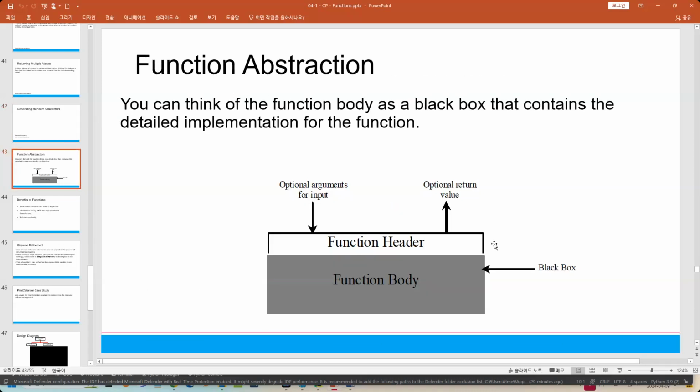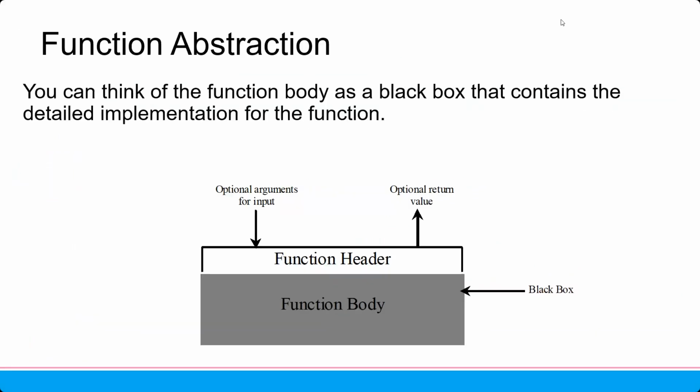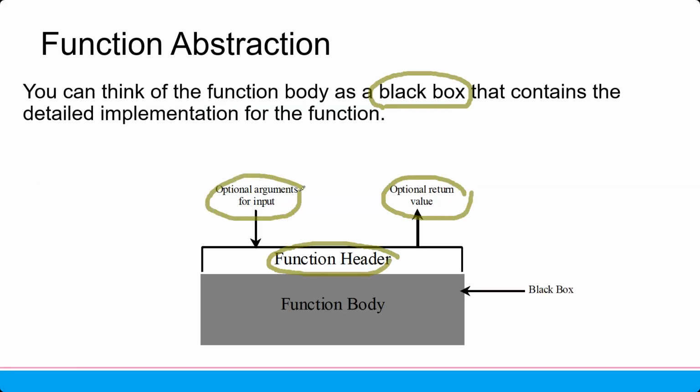Now let's look at the function abstraction. So what does it mean by a function abstraction? You can think of the function body as a black box. It means when you have a function, you know that it will give you a result based on a particular input.